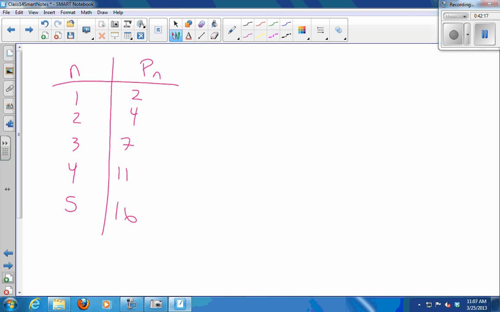Okay, so the explicit formula is trickier. So I'm going to start with the number 2, and then I have to add plus 3 plus 4 plus 5 plus 6.